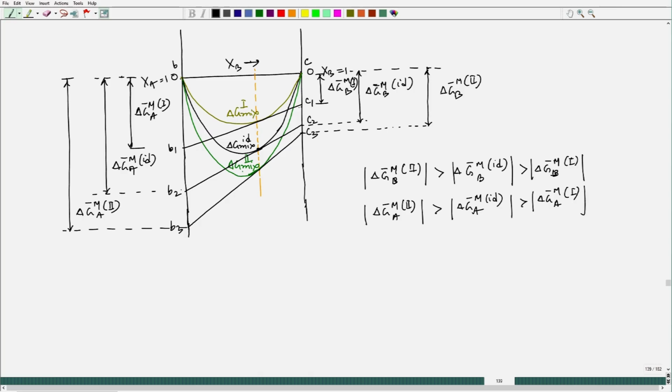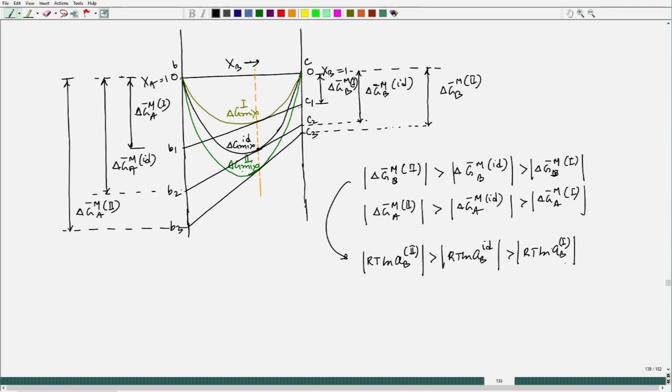So these relations we are getting. In fact, from here we can also write RT ln A B case 2 is greater than RT ln A B ideal, greater than RT ln A B case 1.